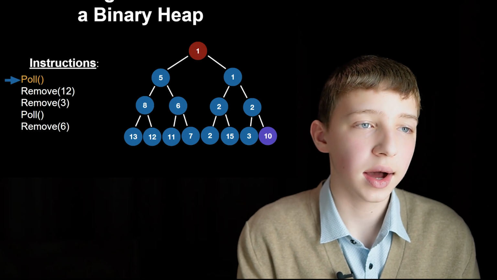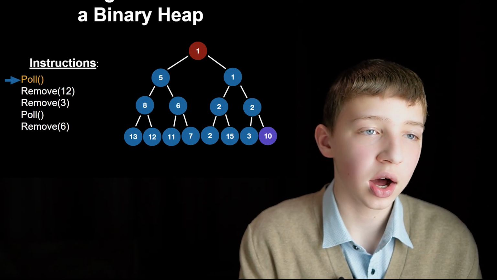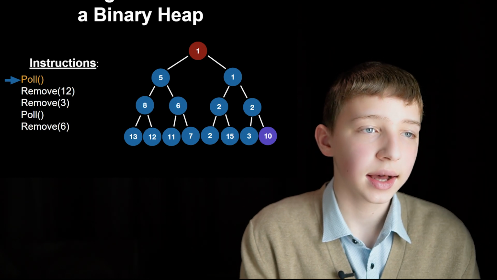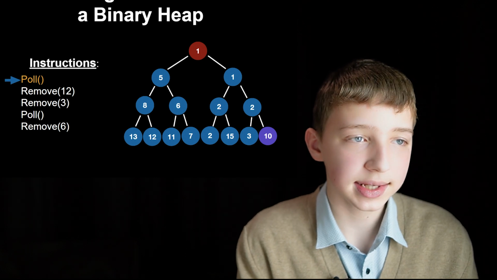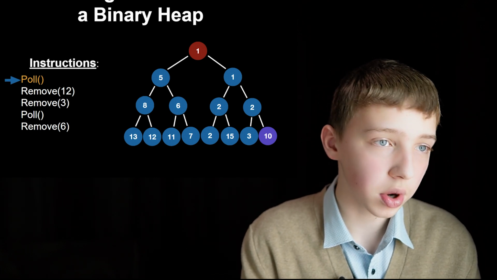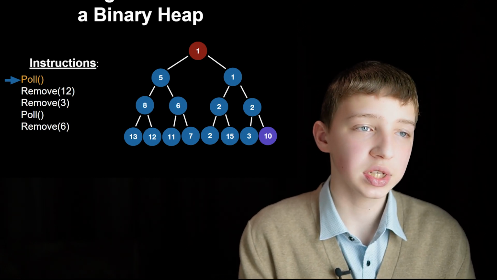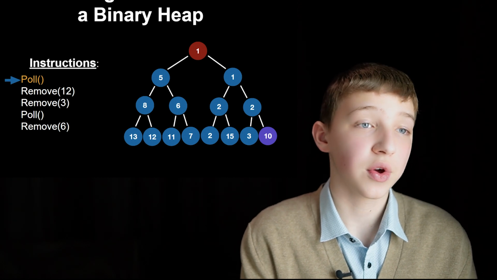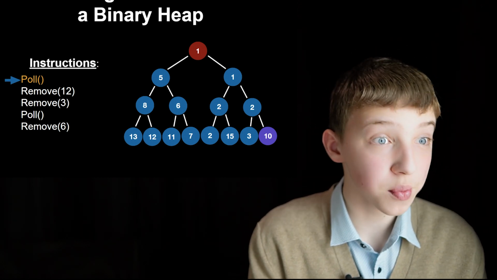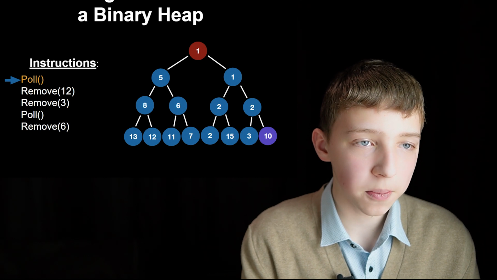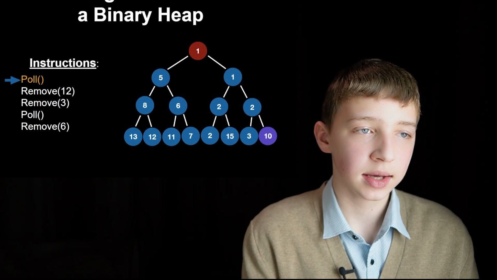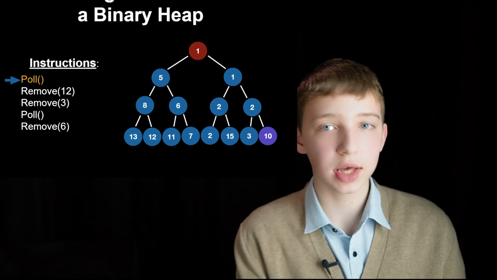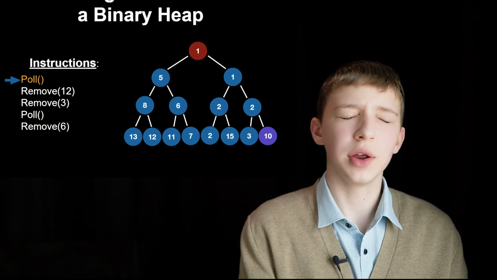So we are removing the root node, and the node in red is the node we want to remove. In this case, that is the root node, because we're pulling. And in purple, we are highlighting the last node in the binary heap.